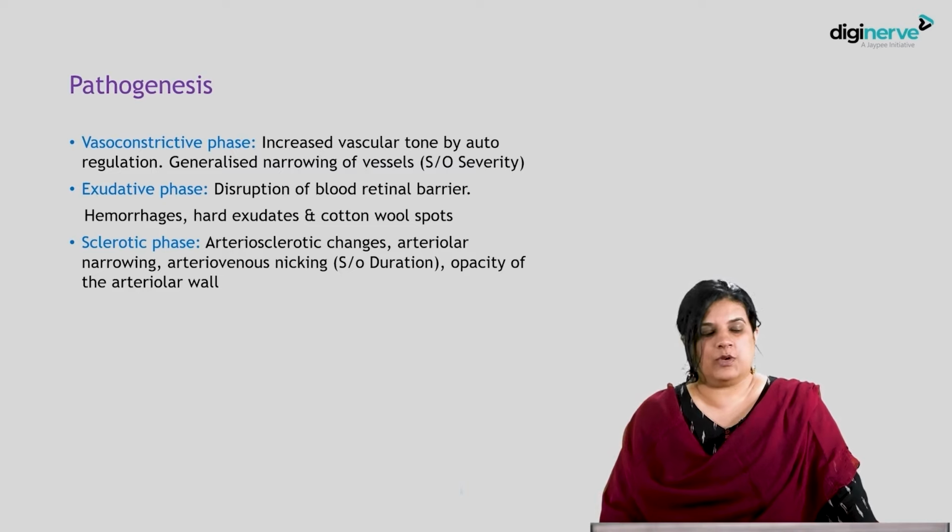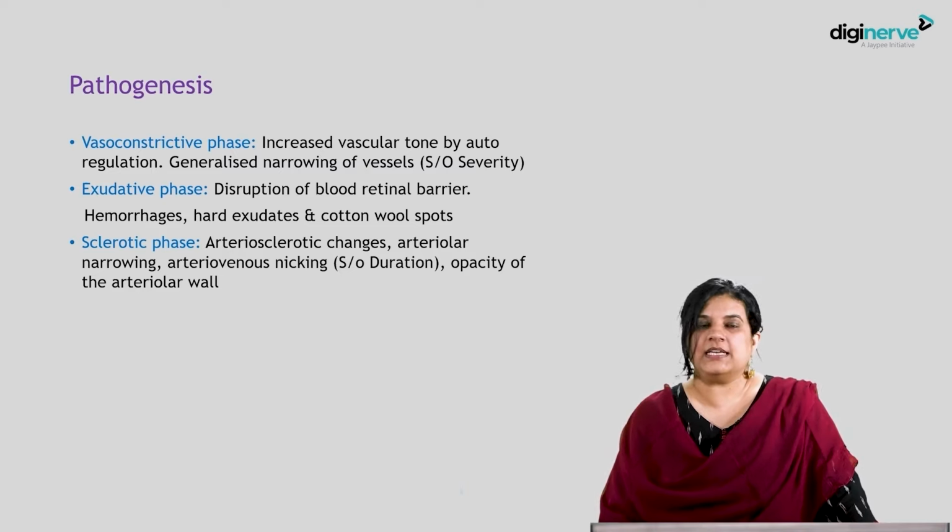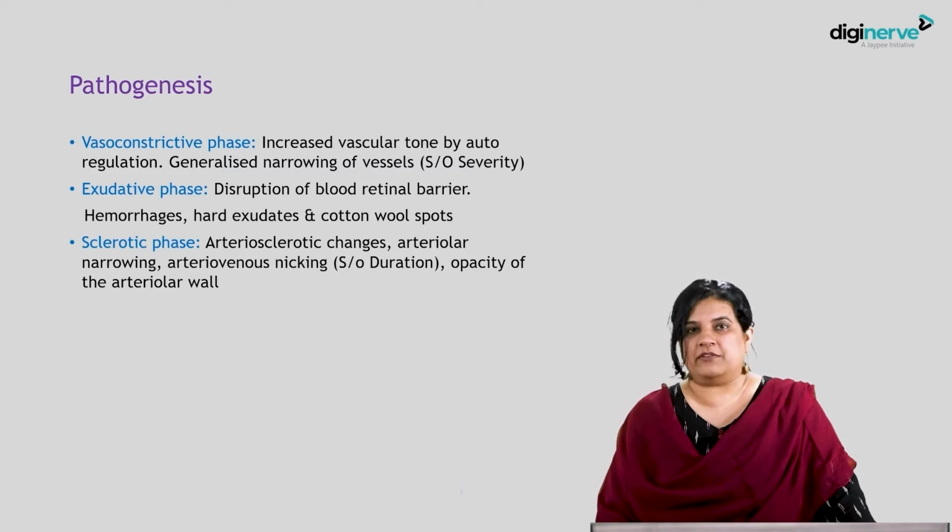What happens in the vasoconstrictive phase is that there is an increased vascular tone because of the autoregulatory mechanisms, and this results in generalized narrowing of the blood vessels. Now, this phase eventually is quite suggestive of the severity of the hypertension.